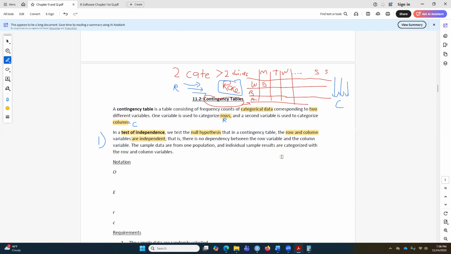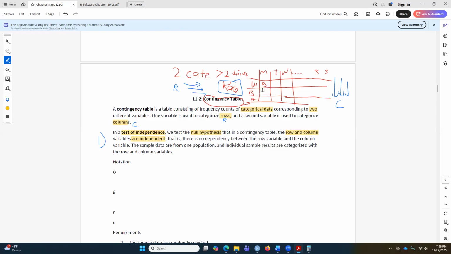Like male and female, they are independent because you belong either to male or to female. That means there's no dependency in this case. A dependent case means that the row and the column variables are related to each other. So the test of independence only tests whether the rows and columns are independent or dependent.